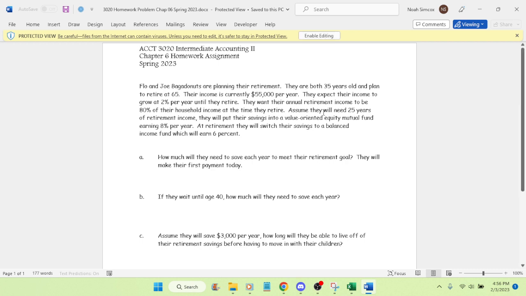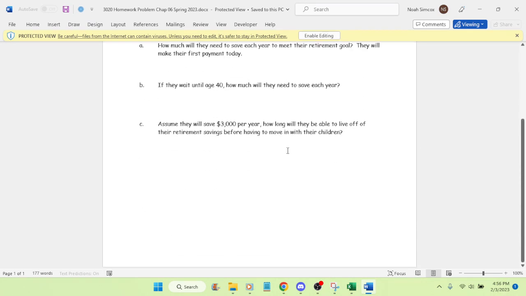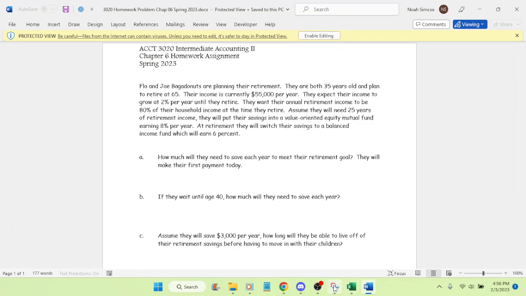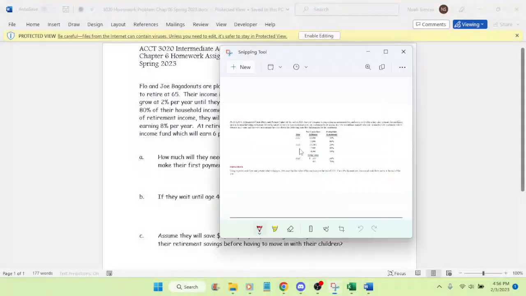I can copy and paste, or I can take another screenshot. How did that happen?